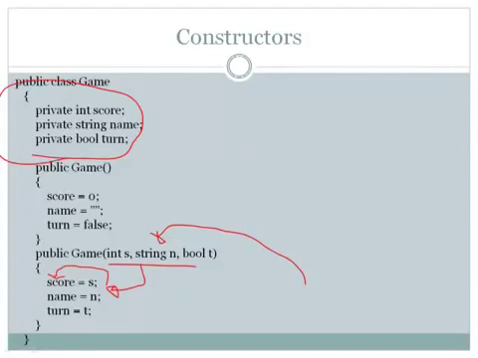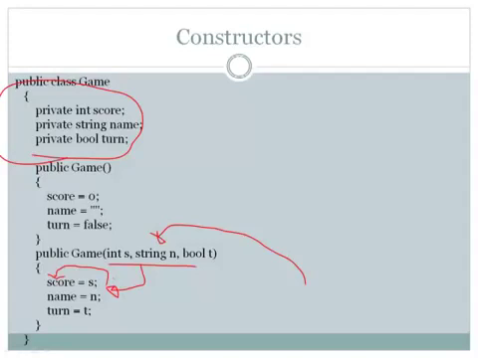I could have simply said public game string in, if I wanted to create another parameterized constructor where I only used one of the parameters.